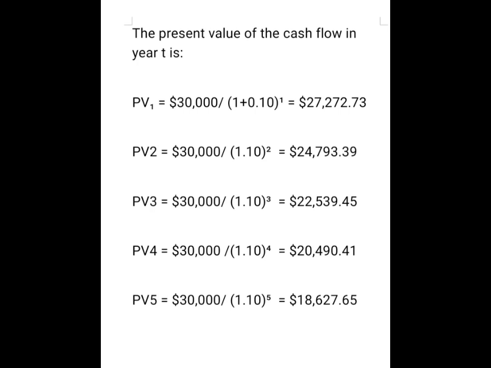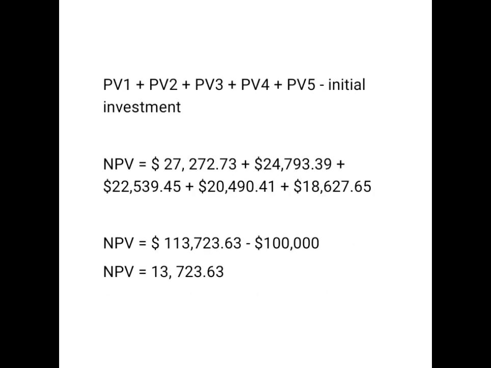Same process, 30,000 divided by 1.10 raised to 4 equals 20,490.41 US dollars. The last is the present value of year 5, 30,000 US dollars divided by 1.10 raised to 5 equals 18,627.65 US dollars.